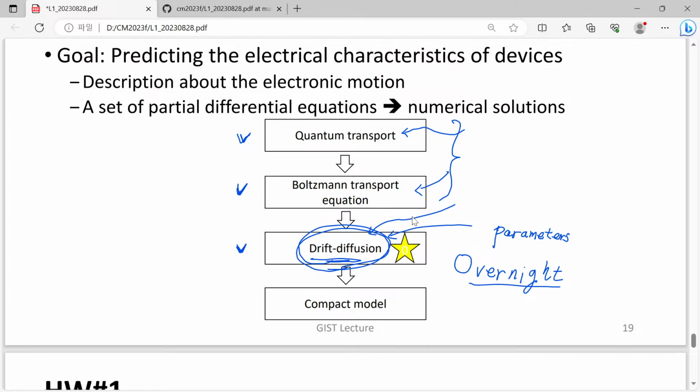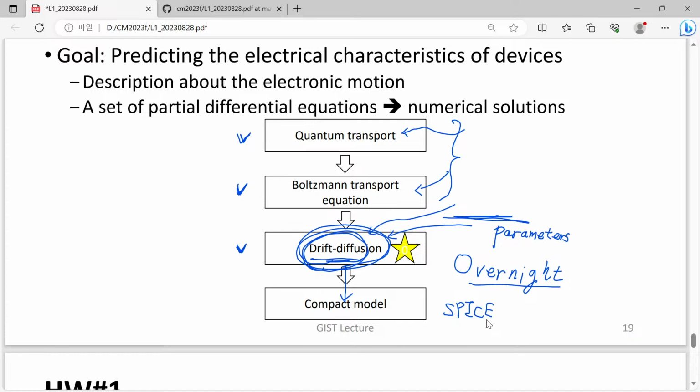So this is far beyond an acceptable time scale. So we will concentrate on this drift diffusion model. And from this drift diffusion model, we can also make the models used for SPICE. You know, SPICE is the tool to simulate electrical circuits, not electrical semiconductor devices.